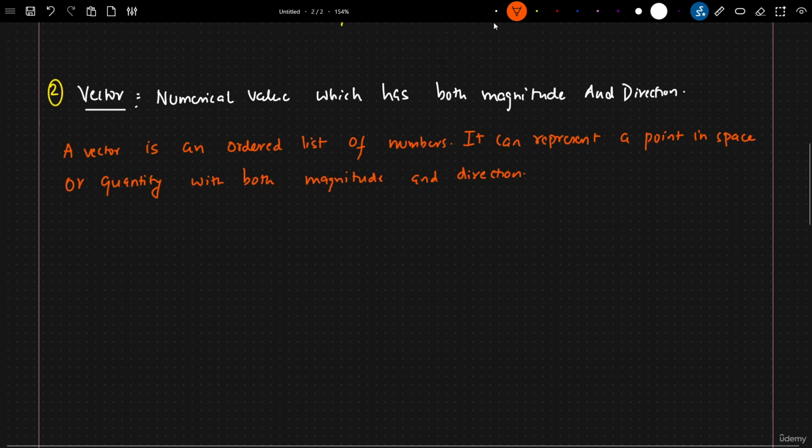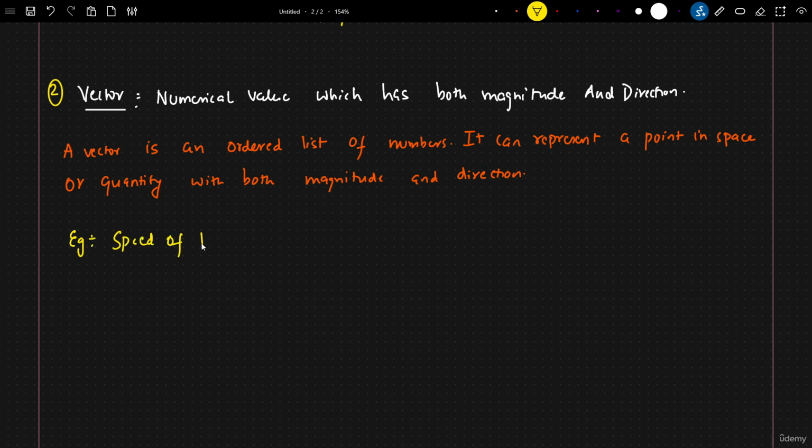Let us consider one example which we have earlier taken: the speed of the car is 45 kilometers per hour and it is moving towards the east direction.